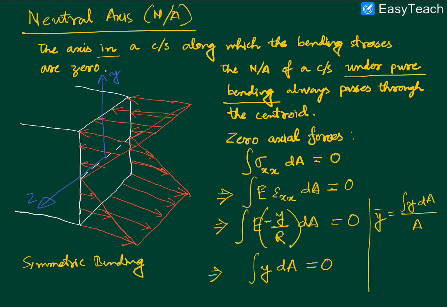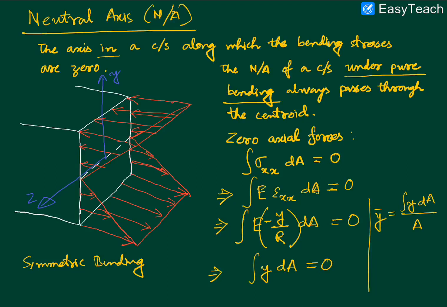But somehow I want to have my expression of the flexure formula that will have a direct connection with how the z axis is oriented here. So the key point to note here is this: the distribution of sigma xx is arranged in a linear fashion about the z axis.